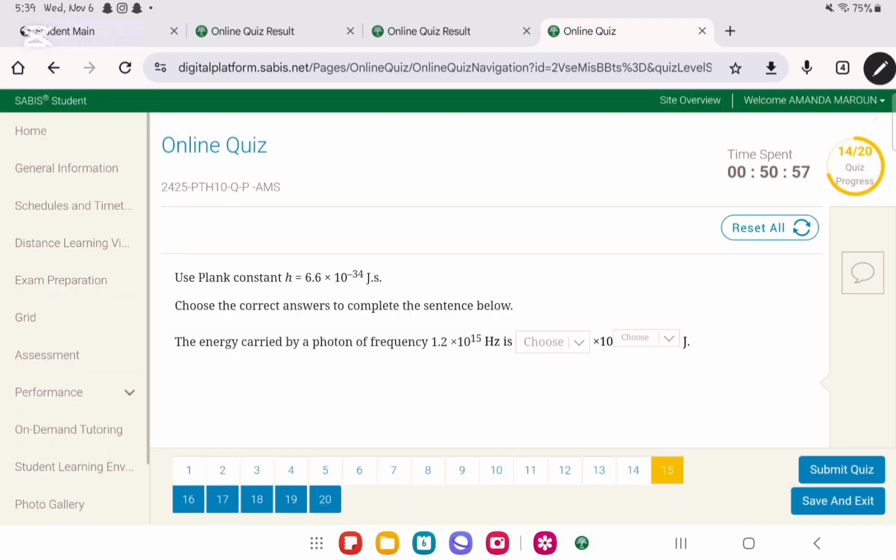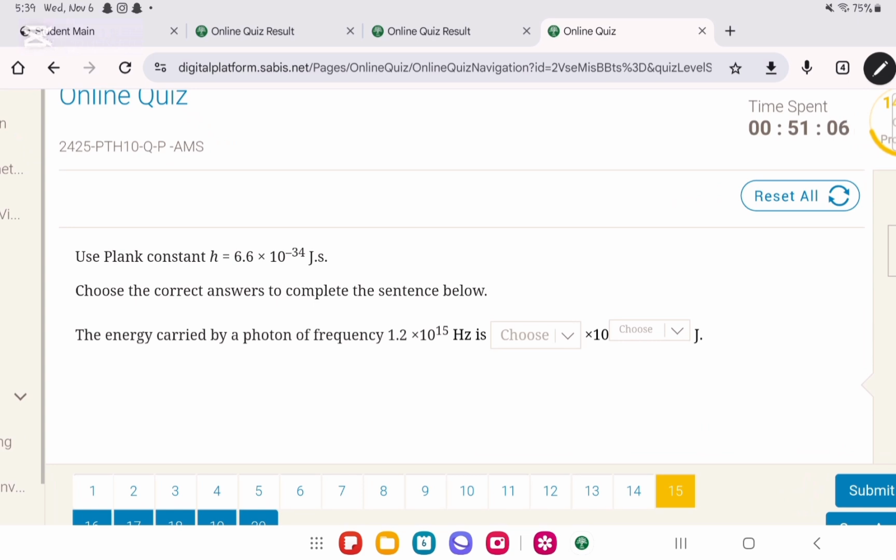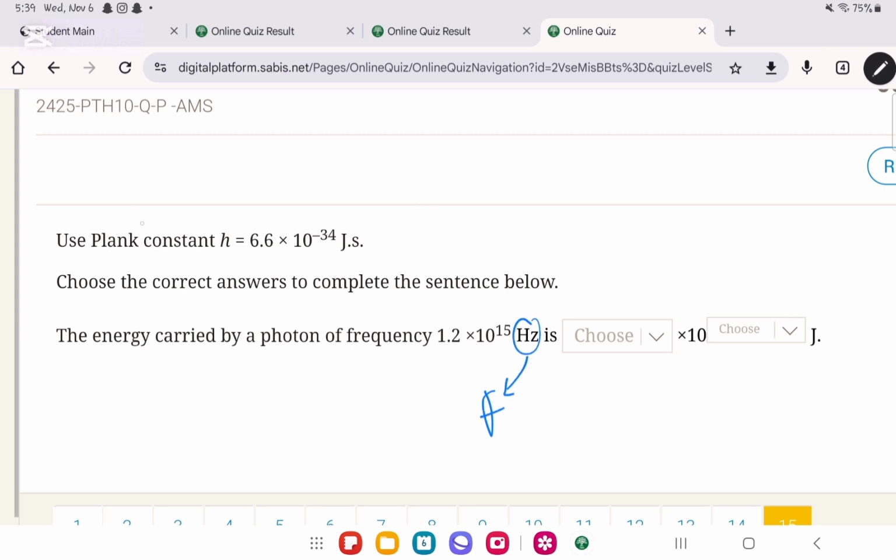We move on to question number 15. The energy carried by a photon of frequency 1.2 times 10 to the power of 15 hertz. The unit of frequency is hertz, and the unit for Planck's constant h is joules per second. They need us to find the energy carried. So very simply, we write the equation: energy is equal to Planck's constant times the frequency.